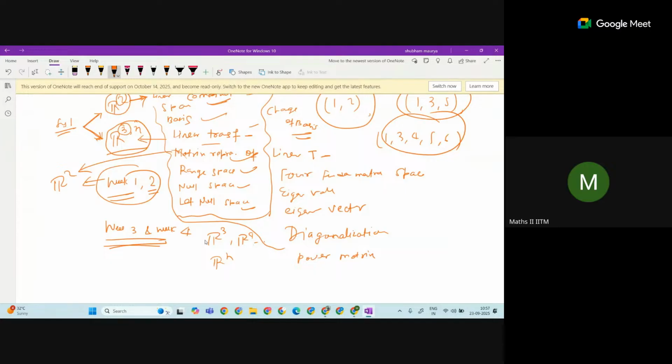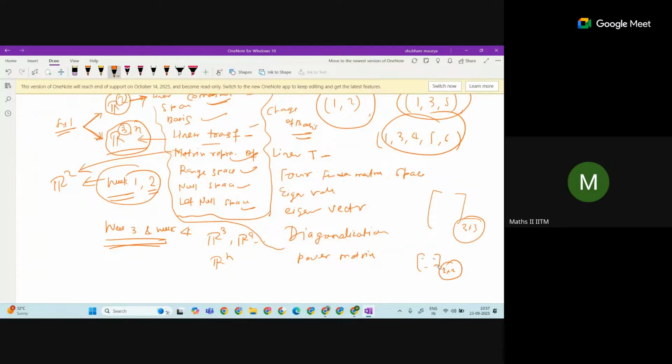The reason it is broken in this way is that the main part is visualization and calculation. It makes everything easier to calculate. If you do the calculation on a bigger matrix, it will be tough. 3 by 4 will be tougher, but if you work on only 2 by 2, it will be easier because there are only 4 numbers.